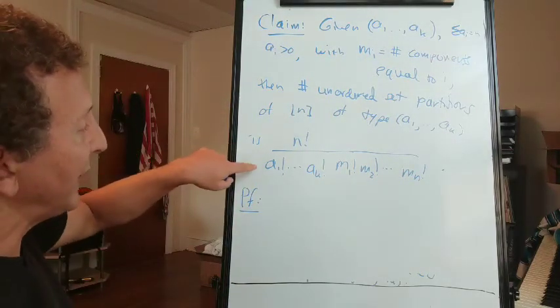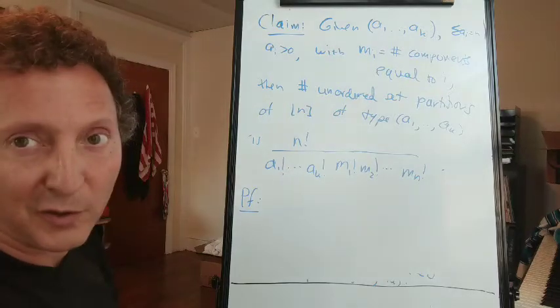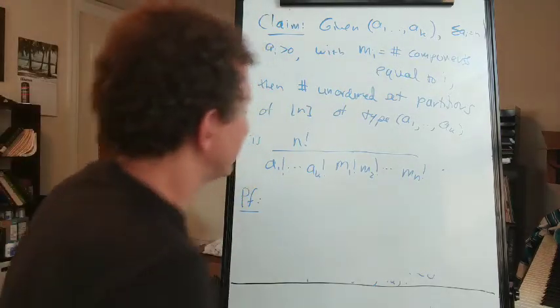So n factorial over a1 factorial through ak factorial, we already understand. That's from the previous problem.